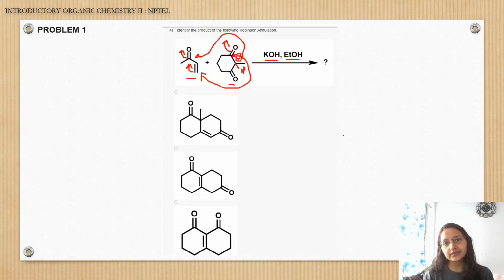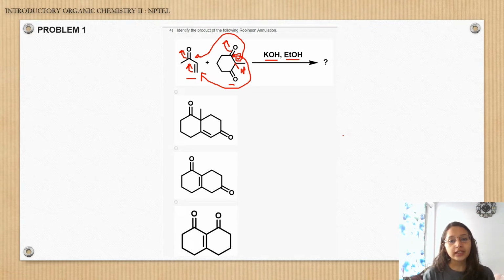What is meant by a soft nucleophile? You have to understand the concept of hard and soft nucleophiles. Whenever a carbanion or nucleophile is generated and it is stabilized by resonance, it is a soft nucleophile. So it will give a 1,4 addition rather than the 1,2 addition.